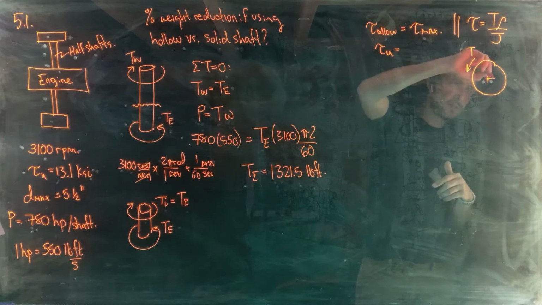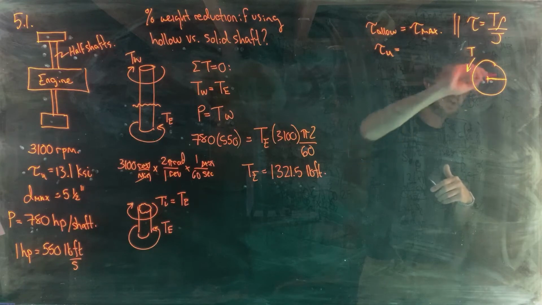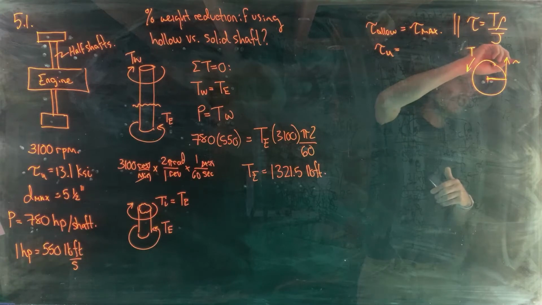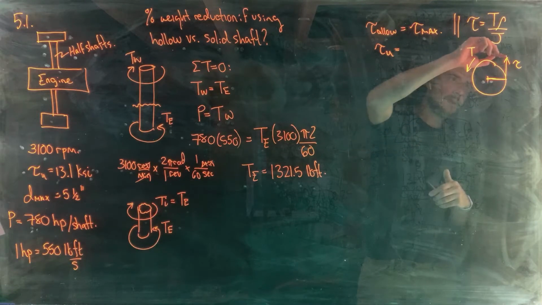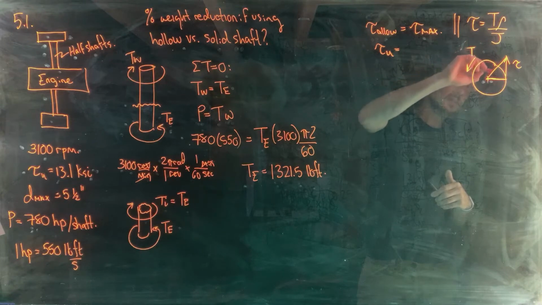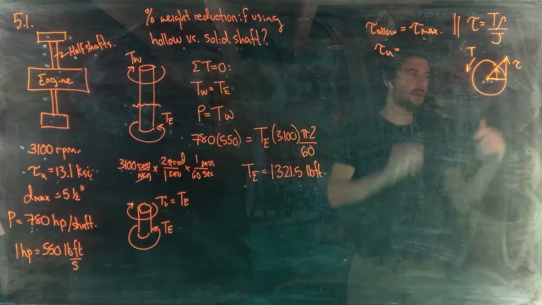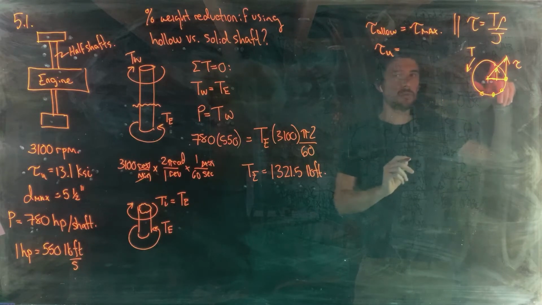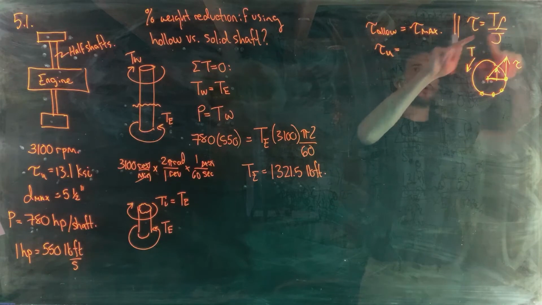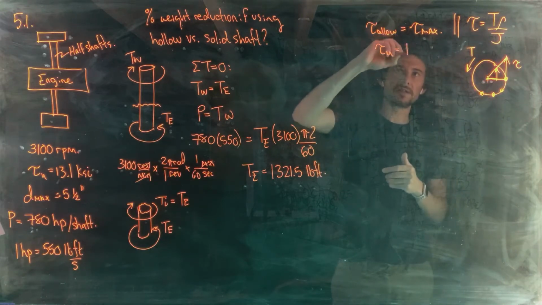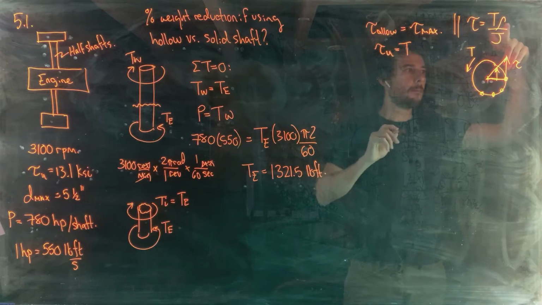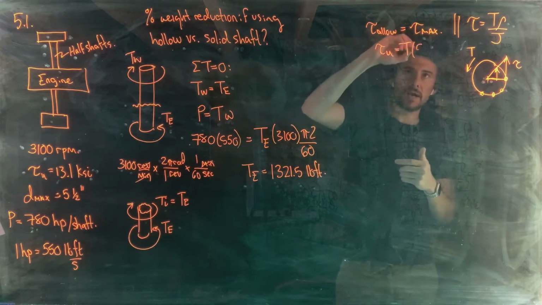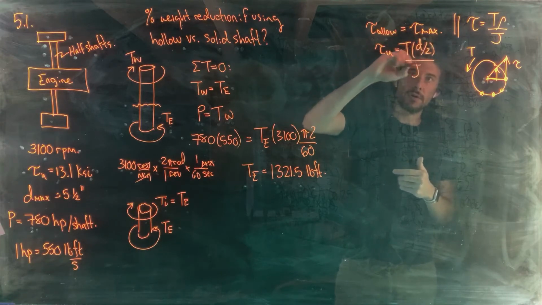If we draw the distribution of shear stress along this line here, the shear stress at the circumference will be greatest, and then it will decrease linearly to 0 moving towards the center. So the maximum shear stress occurs at any point all around the circumference. So when we write the maximum shear stress, we replace rho by the radius of the object, or in this case, diameter divided by 2, divided by J.